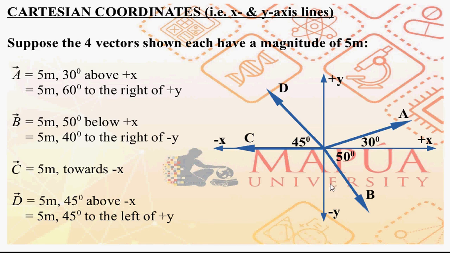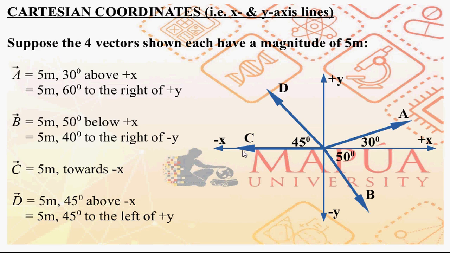The 40-degree angle is with respect to the y-axis. In particular, it is on the right side of the negative y line. Thus, the direction for vector B is also 40 degrees to the right of negative y. So, vector B, 5 meters, 50 degrees below positive x, and 5 meters, 40 degrees to the right of negative y.